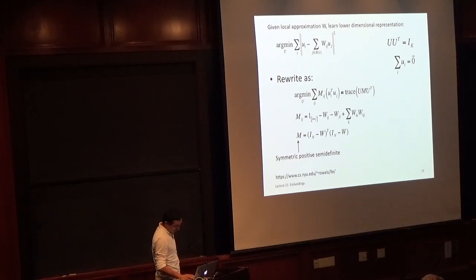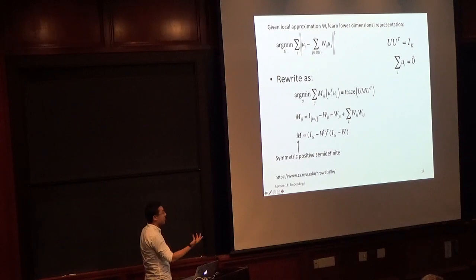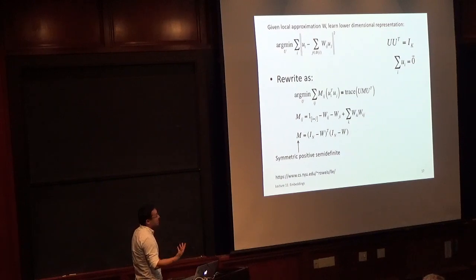Okay. I'm not going to go over this derivation in detail. This is fairly straightforward applications of matrix linear algebra properties. If you're interested in this line of research, over time you'll become very comfortable doing these types of manipulations to find a form that you can optimize or solve for efficiently.